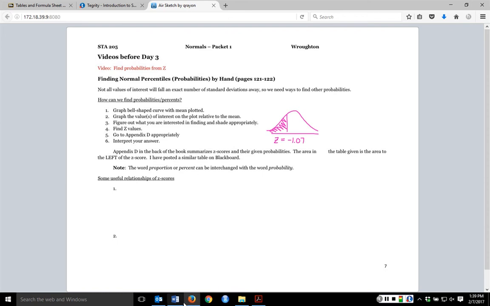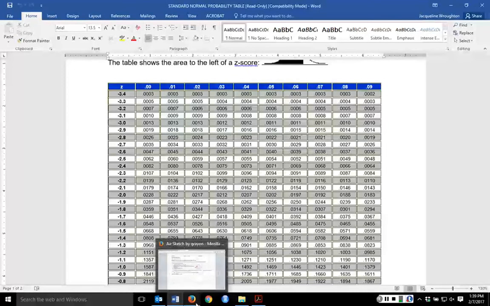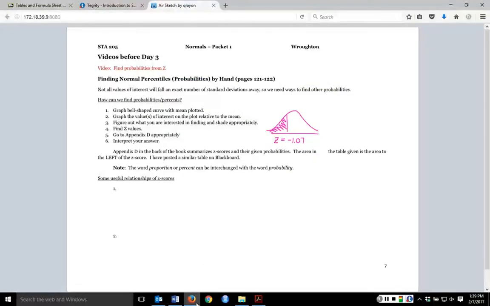So I'm looking at my table, that z is my row and my column that I live in. Everything up to the first decimal point will tell me which row to go to, and the second decimal point will tell me what column to go to.